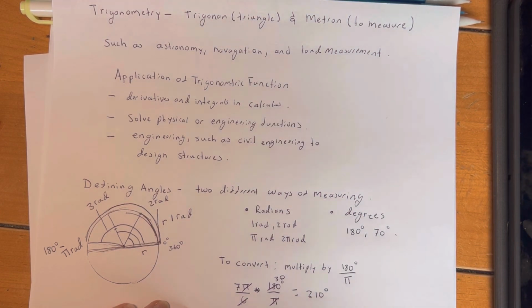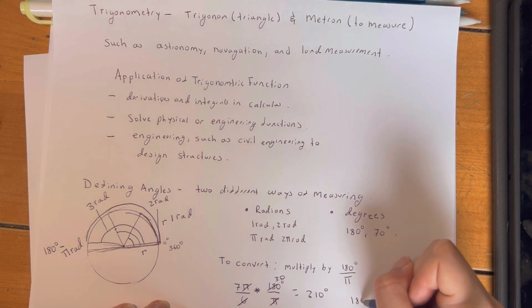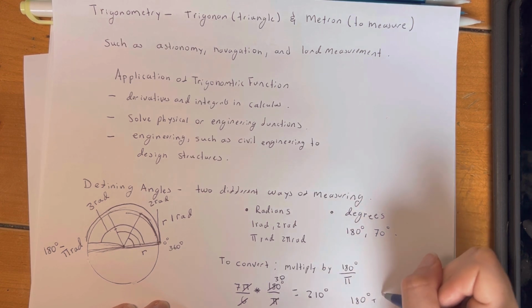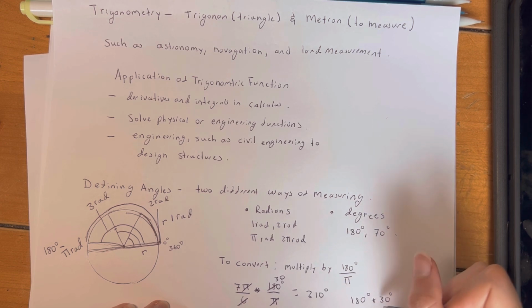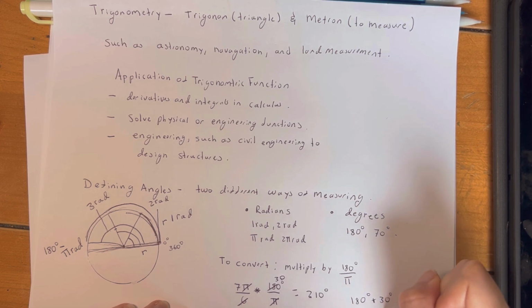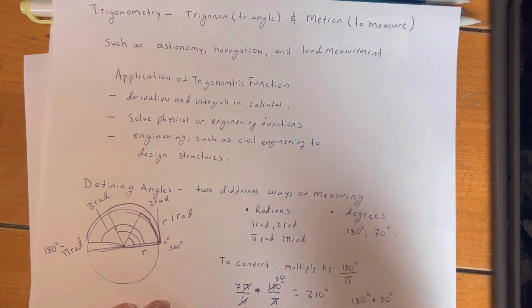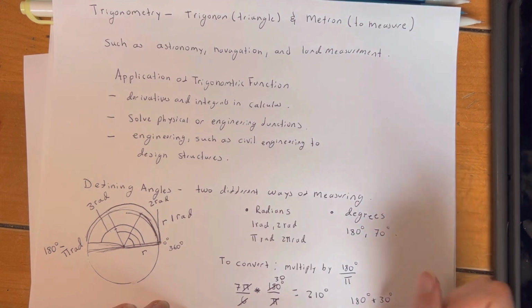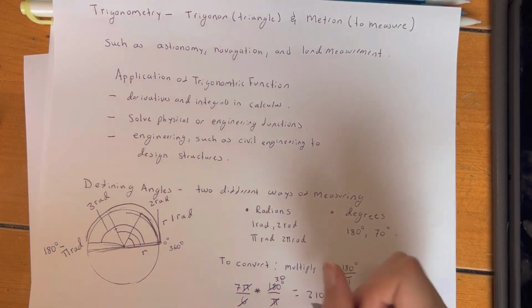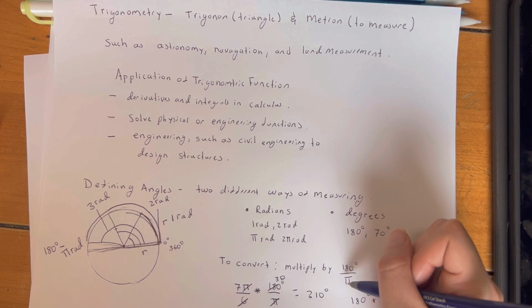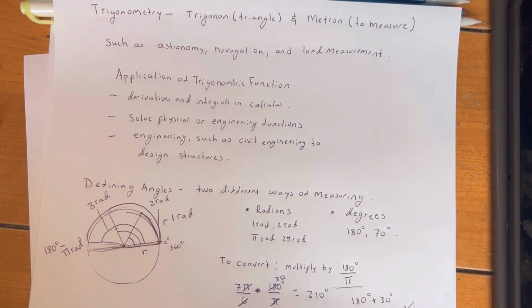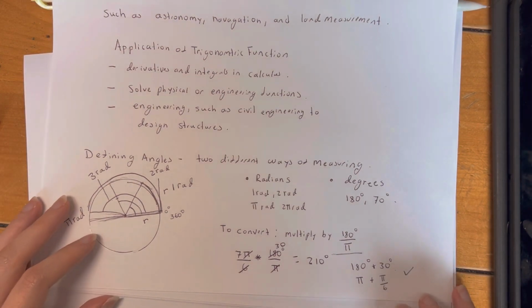And that makes sense because 180 degrees is pi, plus 30 degrees, which is pi over 6. Pi over 6 is 30 degrees, okay? So that's how you would convert from radians to degrees, by multiplying using this here.